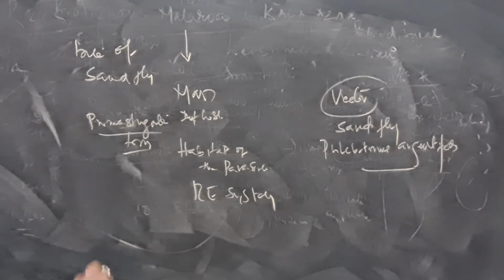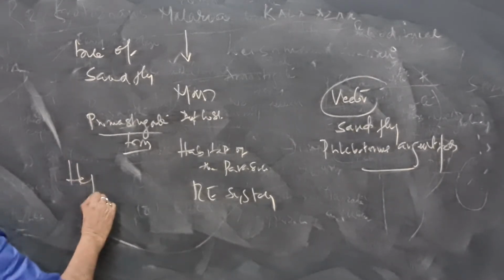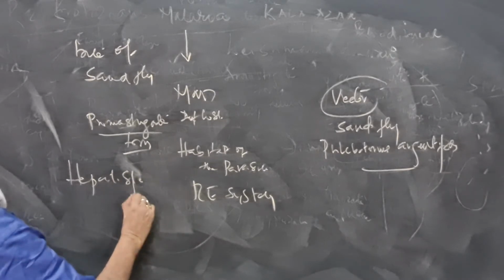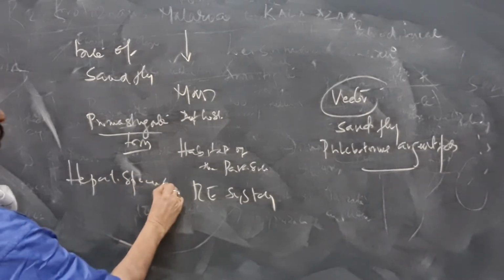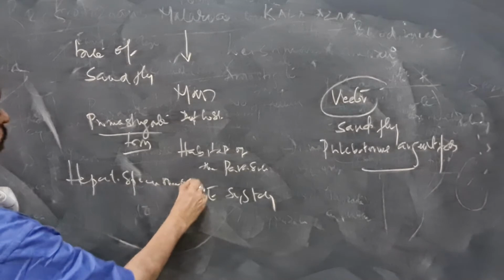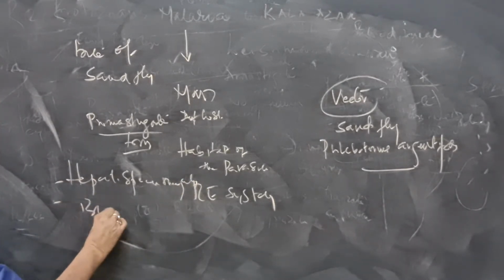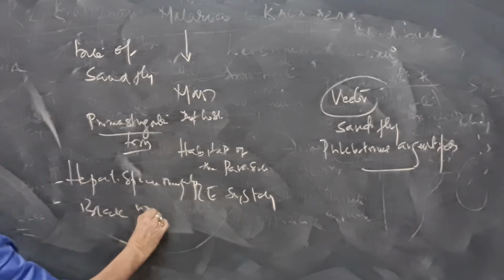It gives rise to hepatosplenomegaly, and the skin becomes black and wrinkled.